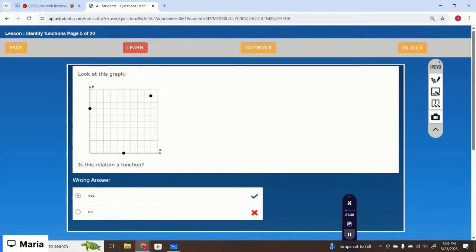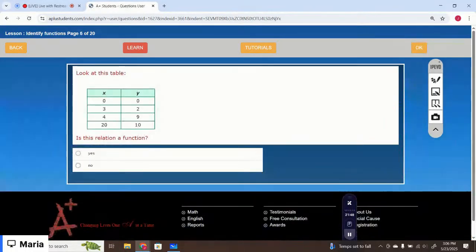Why not? That is a function. It is a function. Look at the table. Is this a relation or function? Yes, it is a function. Option one is the correct option.